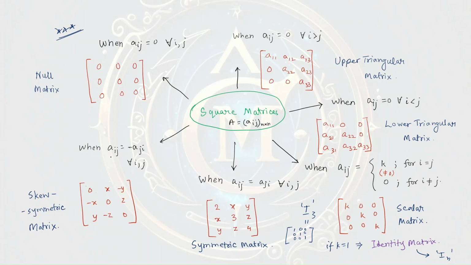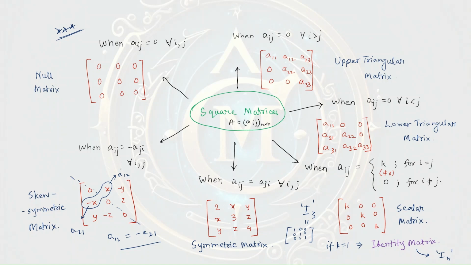Similarly, if these two elements, which are mirror images about the principal diagonal of this square matrix, are negatives of each other, so Aij is basically minus Aji, that means this is the element A12 and this element is A21, so A12 is the negative of A21.